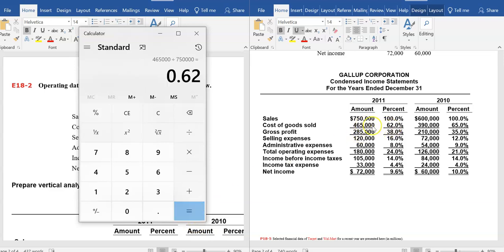Cost of goods sold is 62% of each sales dollar. Gross profit, 285,000 divided by sales of 750,000. Gross profit is 38 cents of every sales dollar.